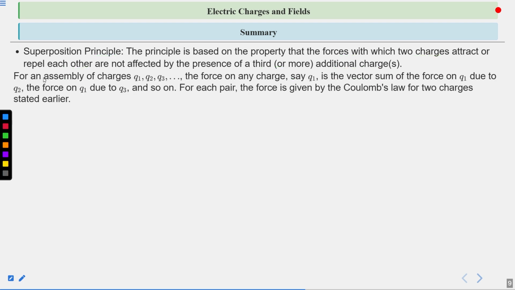Example, suppose we have more than one charge: q1, q2, q3. Clear? The force on any charge, say q1, is the vector sum of the force on q1 due to q2 and the force on q1 due to q3 and so on.